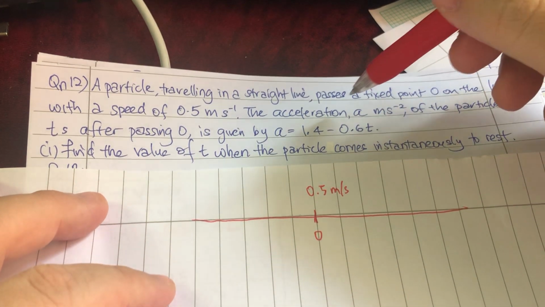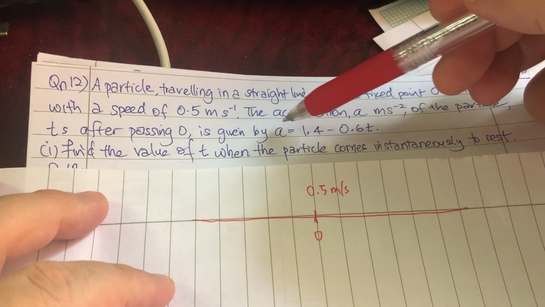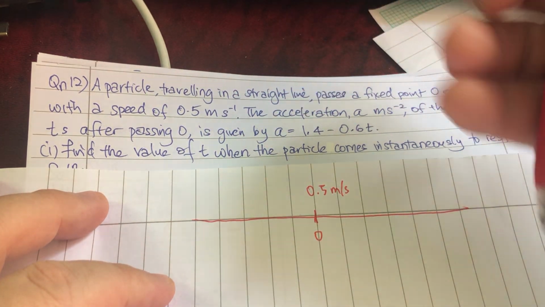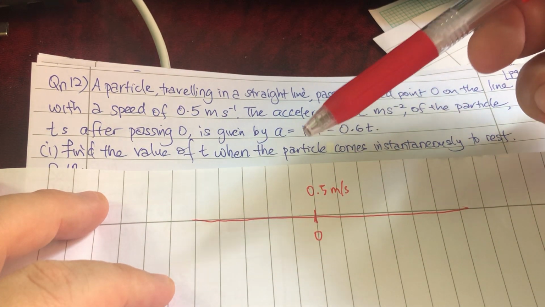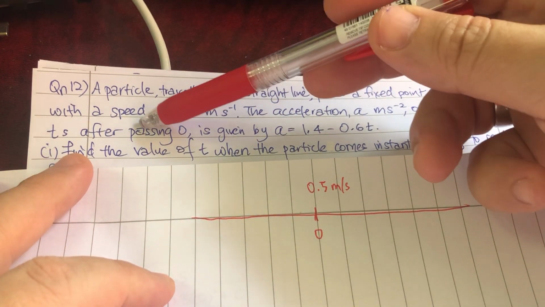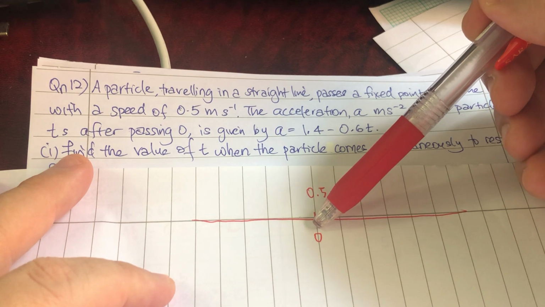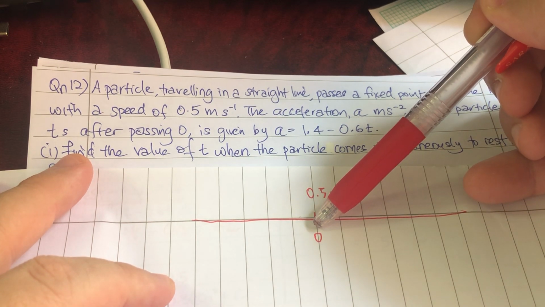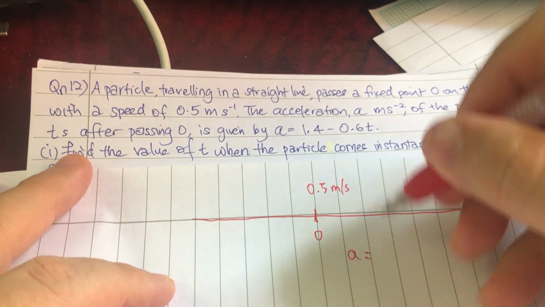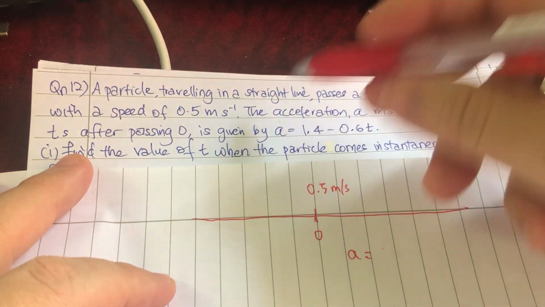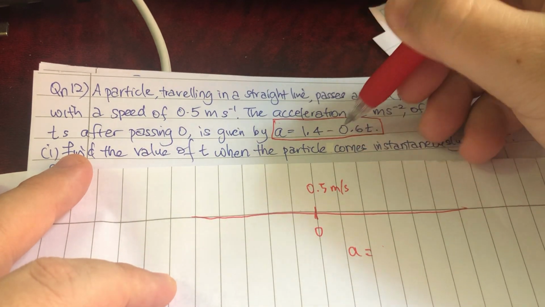And the acceleration A of the particle t seconds after passing O is this, meaning to say we will start the stopwatch. This concept is very important. We will start the stopwatch only after the particle has passed through this point O, meaning that this point O is the reference point.